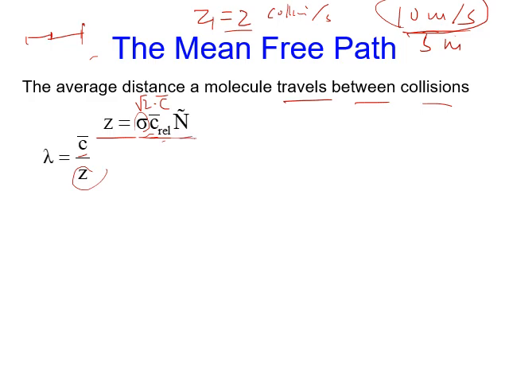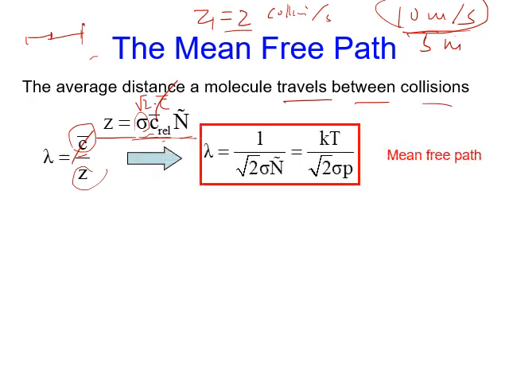So use the average speed divided by this. You see the average speed cancels out. So what you have is 1 over square root 2 times cross-section area times number density, and that's the mean free path. Number density is also calculated by pressure divided by kT. So plug in here, and you get kT divided by square root of 2 times cross-section area times pressure.